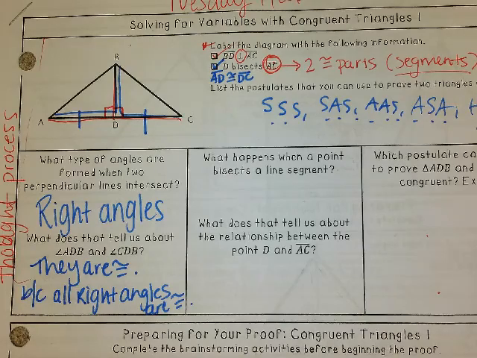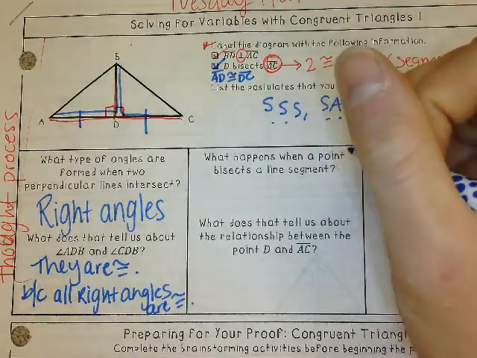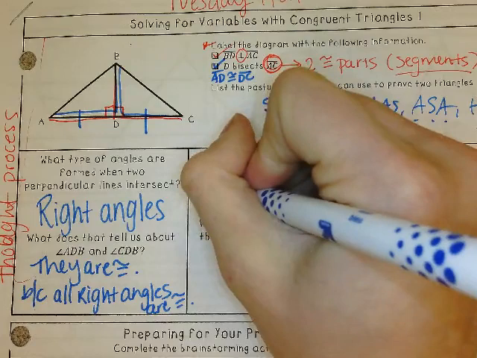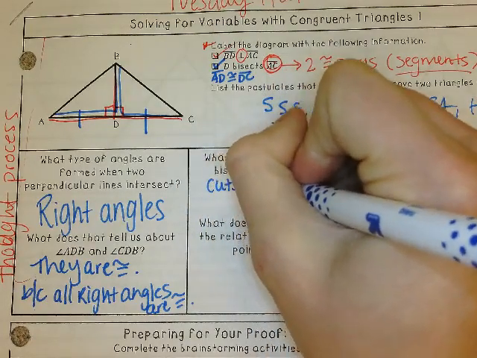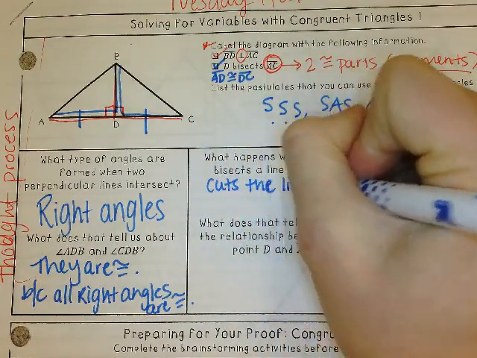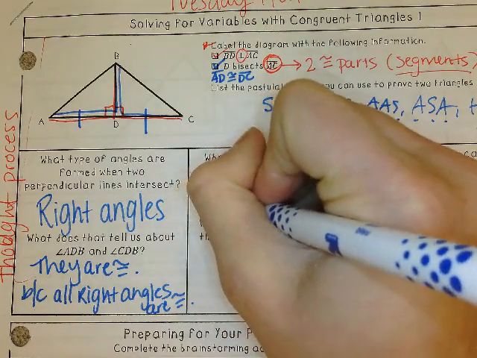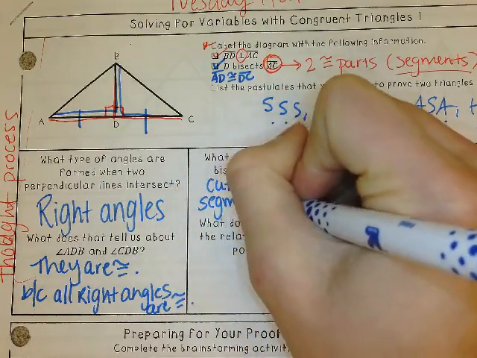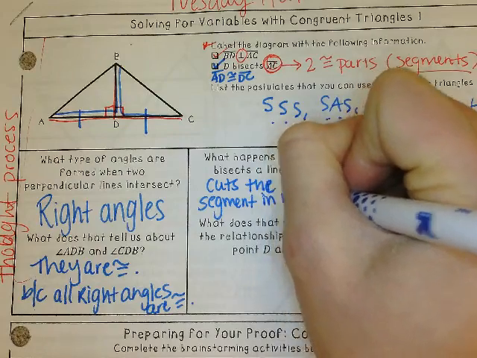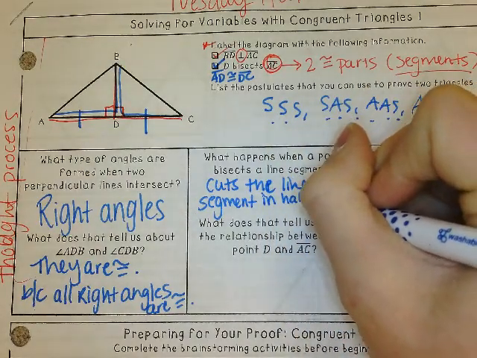What happens when a point bisects a line segment? It cuts the line segment in half, yielding two congruent segments.